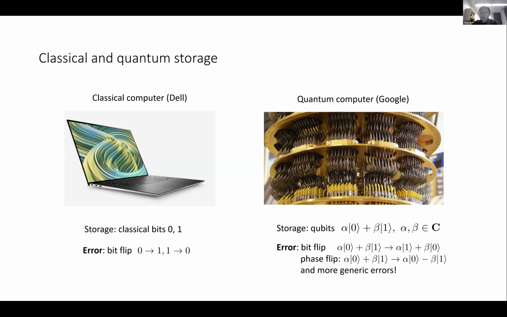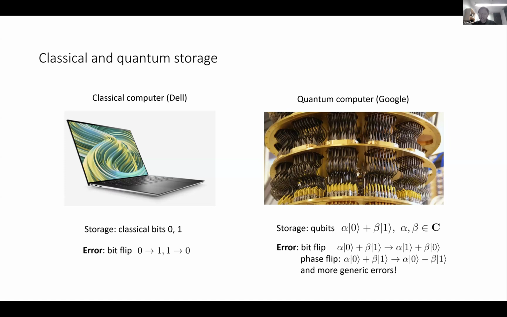But it also means that the sources of error could be more complicated, right? Because now your alpha and beta can be arbitrary complex numbers, or they can change in arbitrary ways. For example, a bit flip is just a generalization of the classical bit flip to a quantum bit flip, where you change alpha 0 plus beta 1 to alpha 1 plus beta 0.